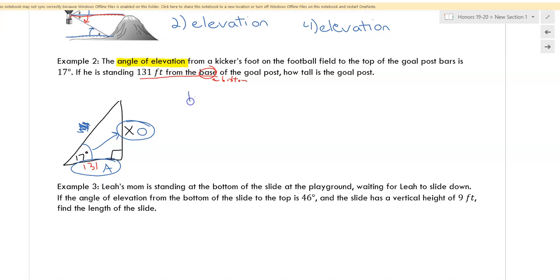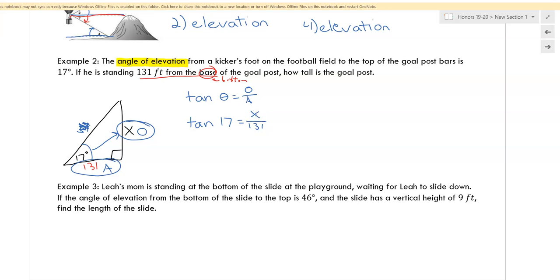So the tangent of theta equals O over A. Then tangent of 17 equals x over 131.